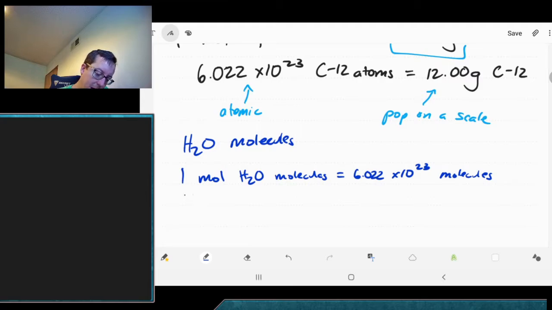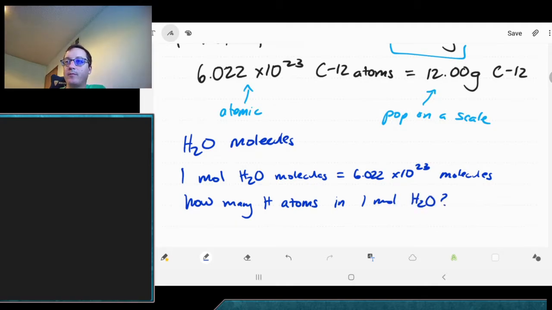I can say, okay, well, how many hydrogen atoms do I have in 1 mole of water? Mole is abbreviated MOL because why not? We'll just take the E off and now it's an abbreviation, but there it is. That's the abbreviation for mole.